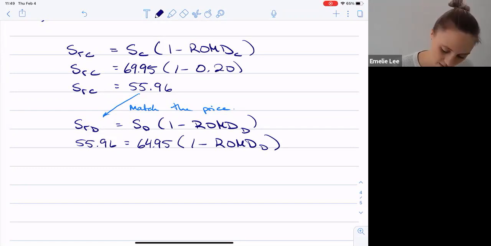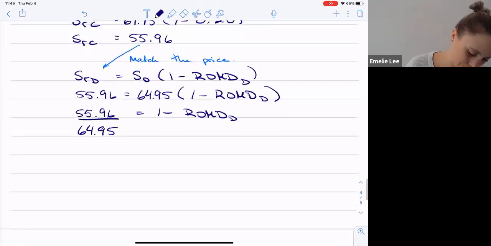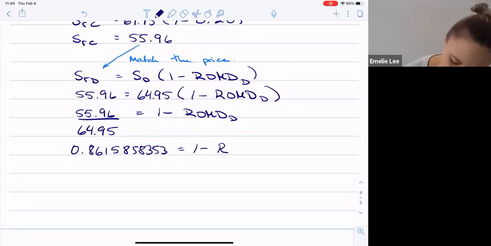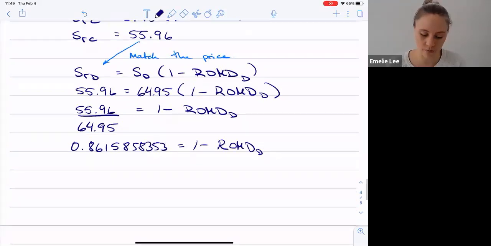So if I divide this out, 55.96 divided by 64.95 is 1 minus the rate of the markdown for D. I get 0.86158585353, and so on, is equal to 1 minus the rate of the markdown for D. Same switcheroo here.